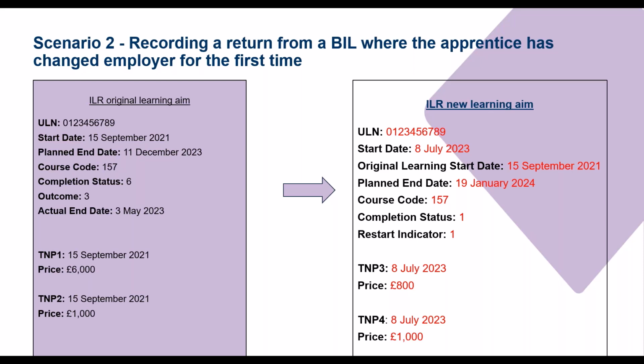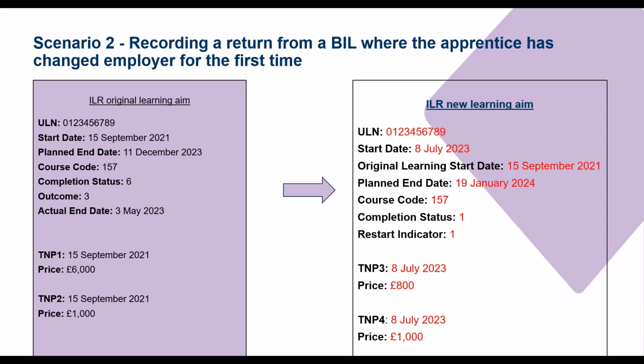So rather than record a TNP1 and TNP2, as we did for that first scenario, we would record a TNP3 and a TNP4. So as you can see in this example, the residual cost of training is £800 and the residual cost of assessment is £1,000.